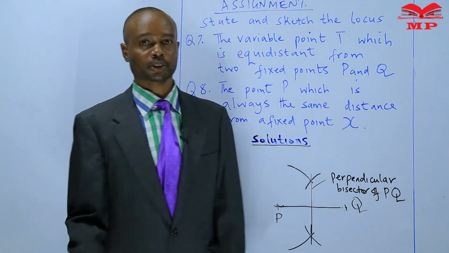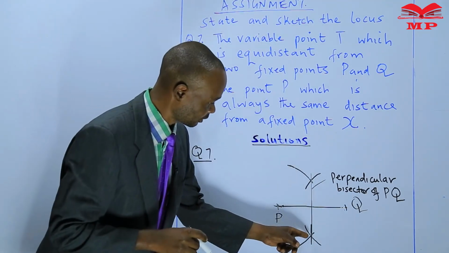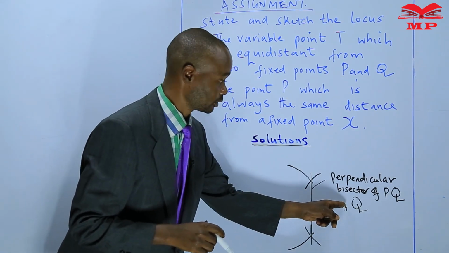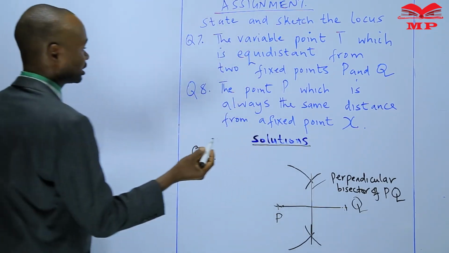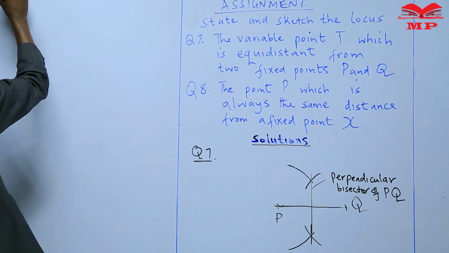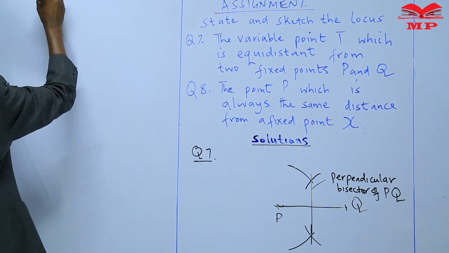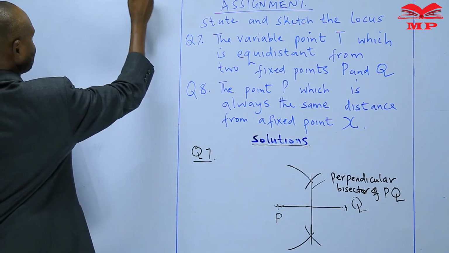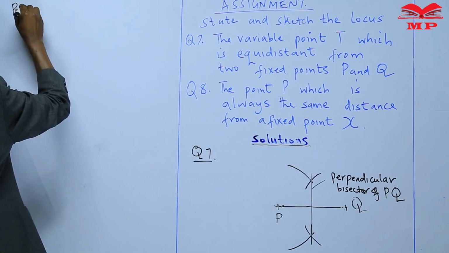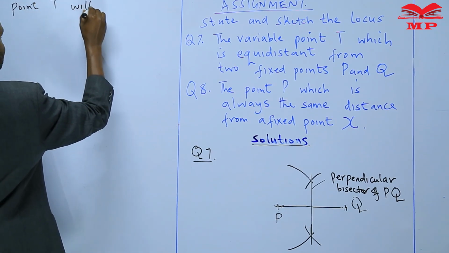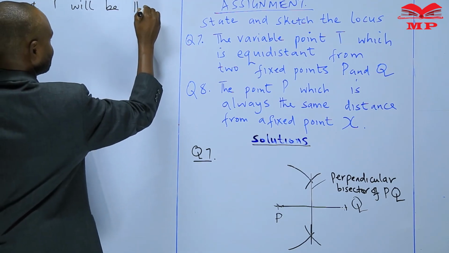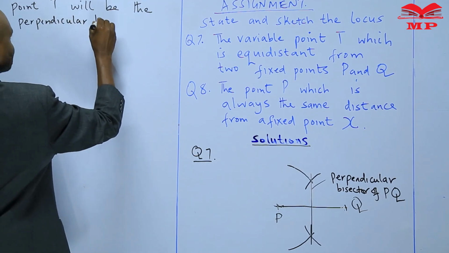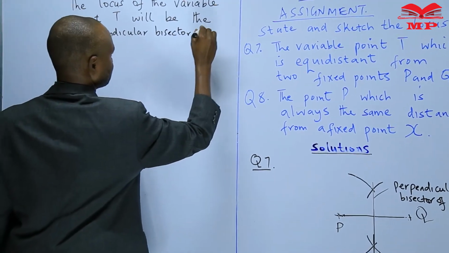PQ. So any point on that line, if you measure the distance from P to that point T, it will be the same as from that point T to Q. So the locus of the variable point T will be the perpendicular bisector of PQ.